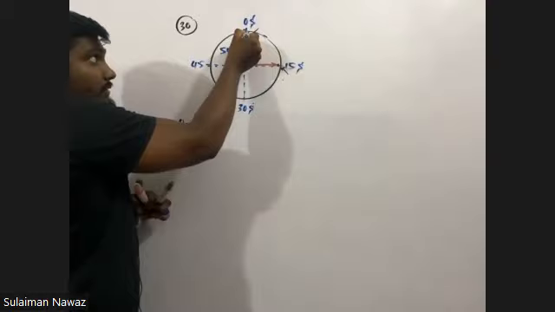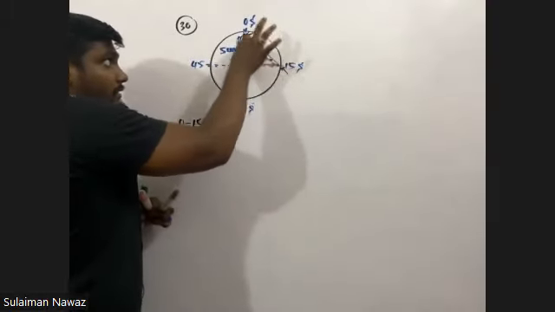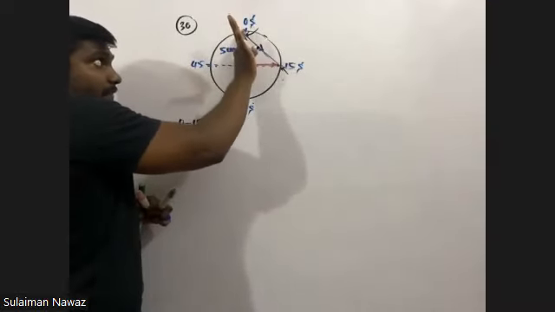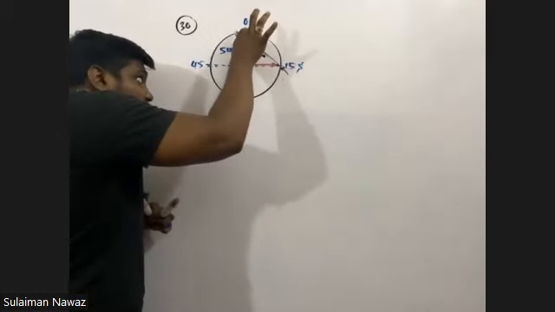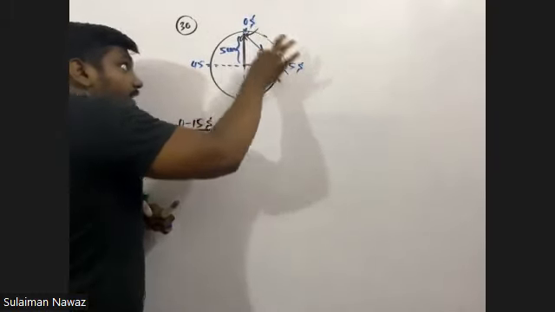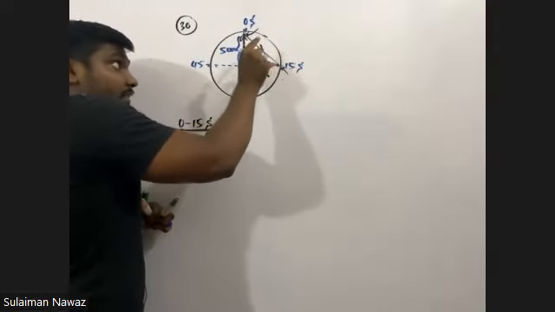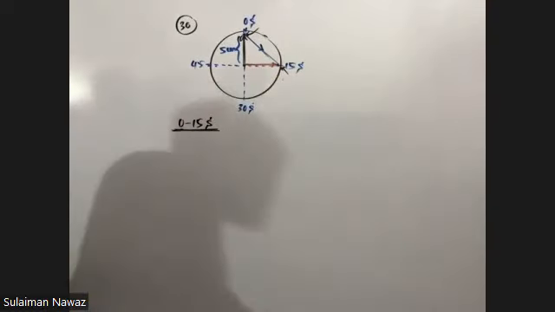This is my displacement. Initial point is here, and after 15 seconds, here is my final point. If I can measure the length of the straight line, that is the displacement done by the tip after 15 seconds.